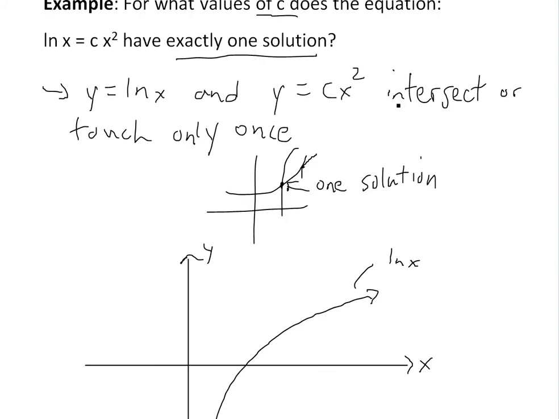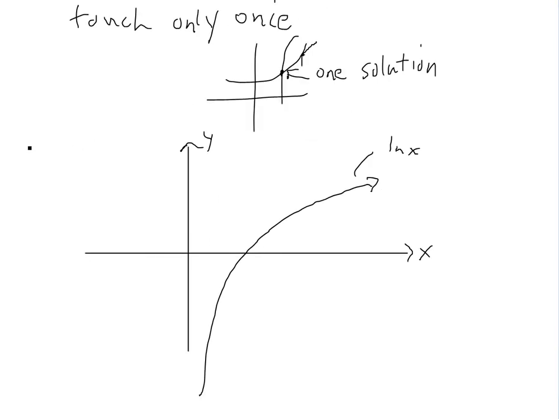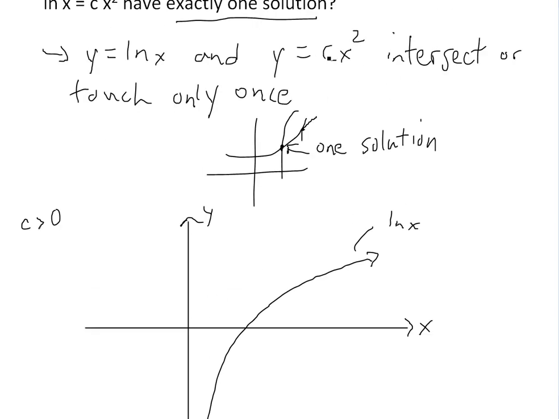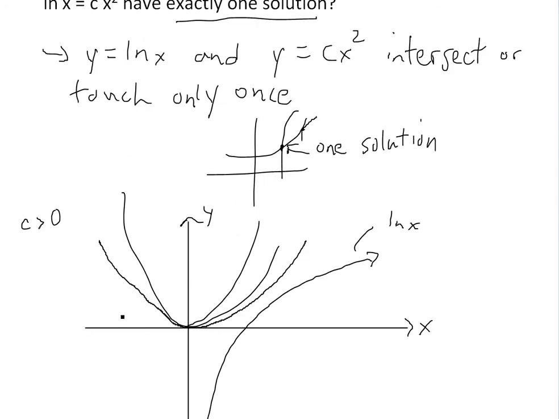Now, there are basically three types of values c can be. First, c greater than 0. When c is greater than 0, the curve is going to be positive, and its shape changes based on whatever c is. It could be just a parabola like this. Let's also draw it more flat like this.